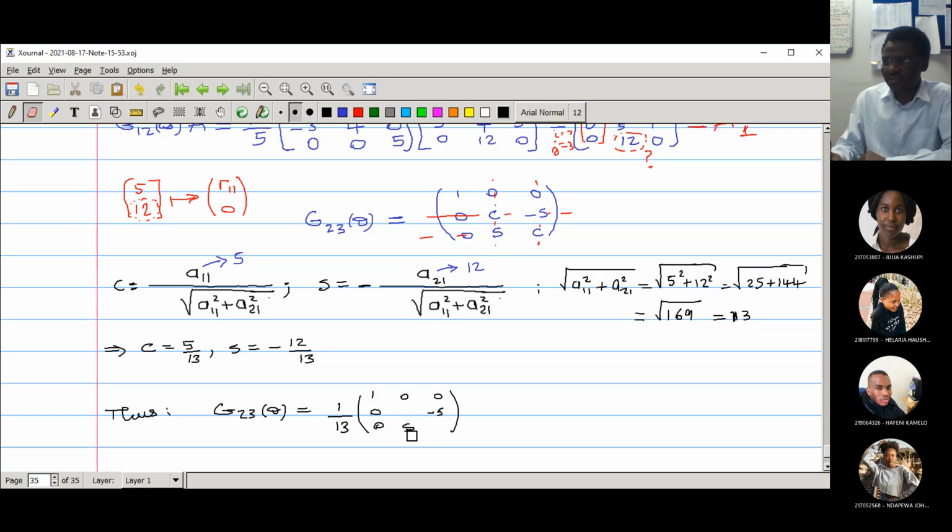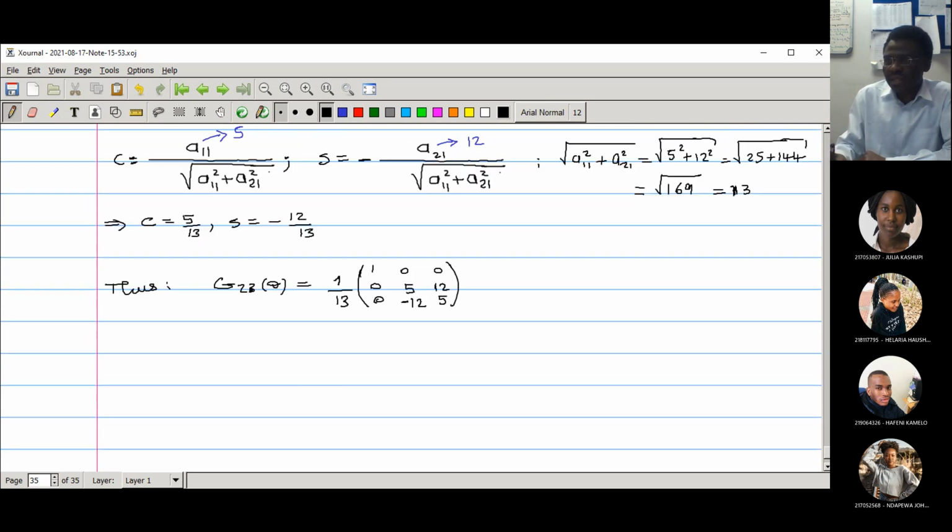And then negative 12 here and 12 there. So we replace 5, 5, negative 12 here, and 12 here. So this is what our G23 is supposed to be.